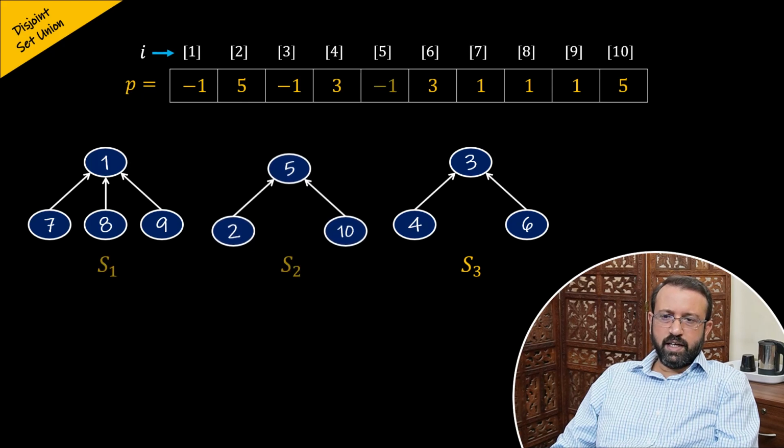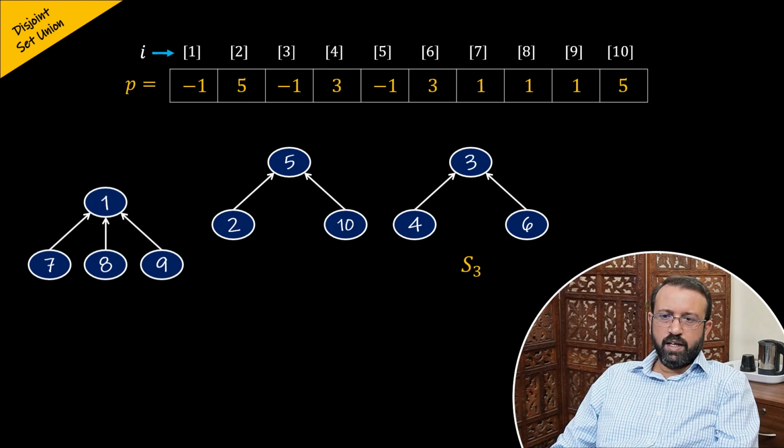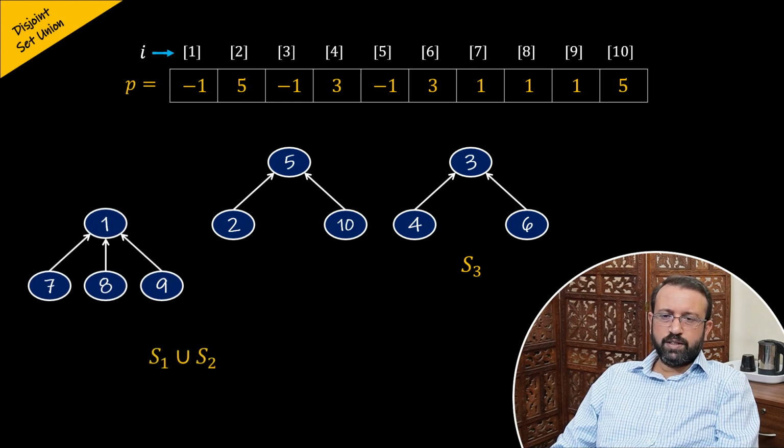The other way is that we can make the tree representing disjoint set S1 the subtree of the tree representing disjoint set S2, which is simply linking the root of tree S1, that is node 1, to the root of tree S2, that is node 5, thereby making node 5 the parent of node 1 and updating the parent array P at index 1 by replacing negative 1 with 5, since now node 5 is the parent of node 1.